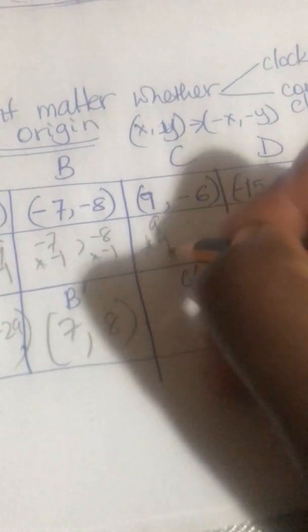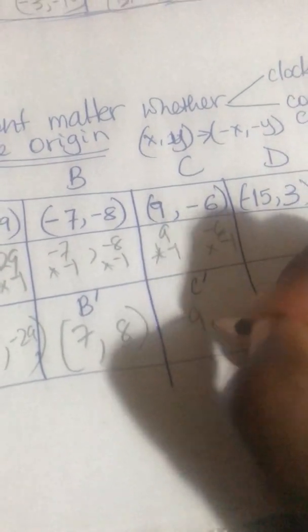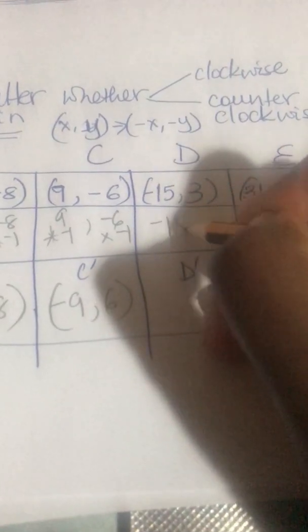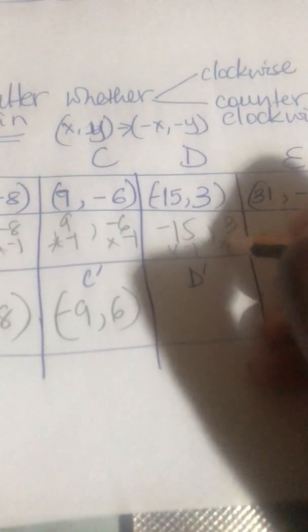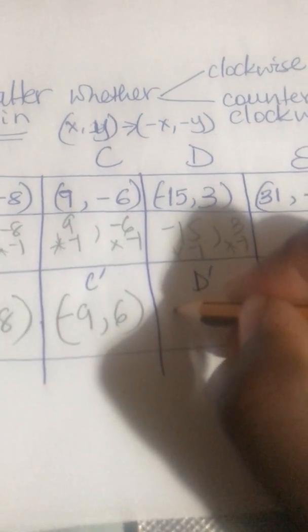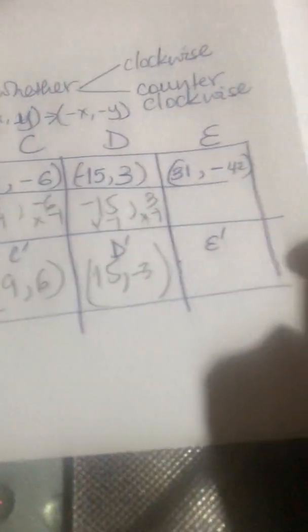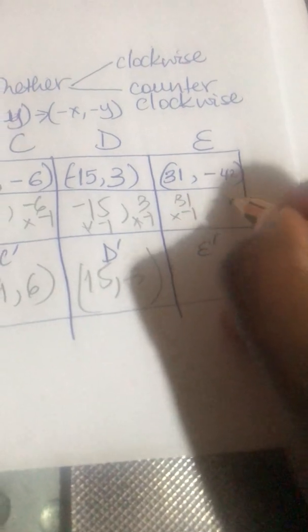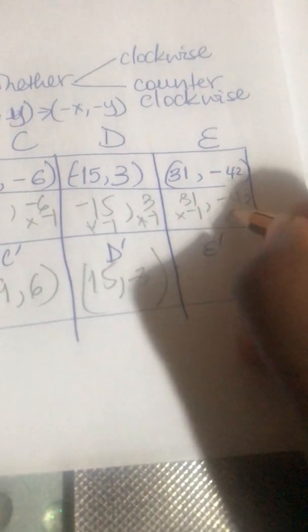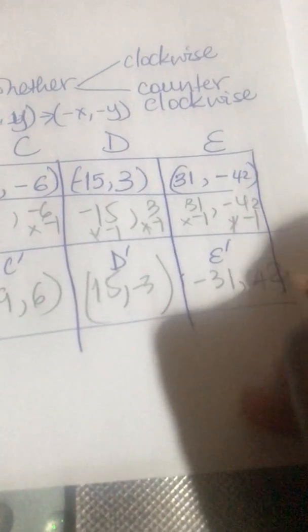9 times -1, -6 times -1. You get -9, 6. -15 times -1, 3 times -1, 31 times -1, -42 times -1, -31, +42.